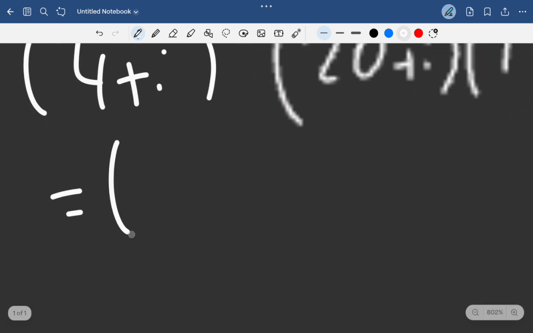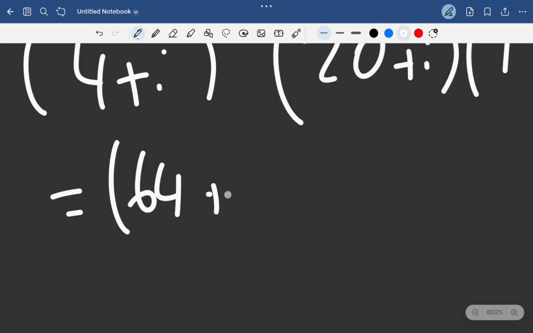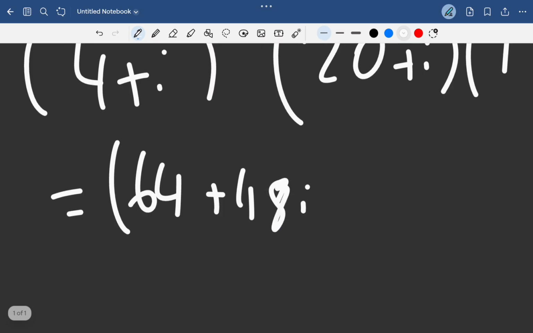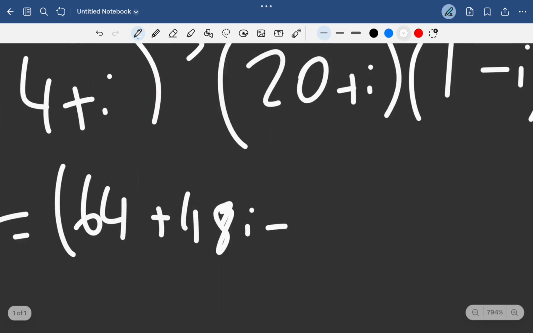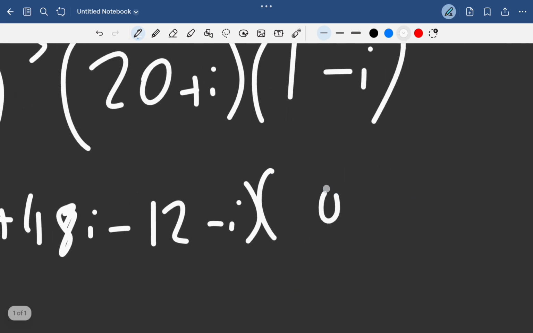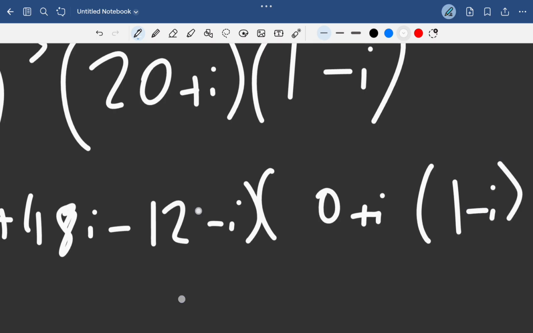So this will be 64 plus 3 times 16, which is 48, times I. And then this is minus 4 times I squared, which is minus 4 times 3, which is minus 12, and then minus I. And then this is times 20 plus I times 1 minus I. Cool.